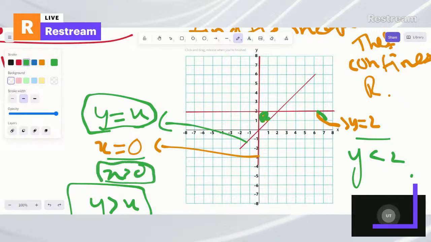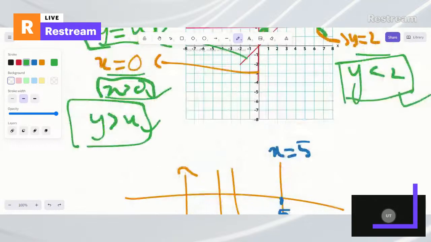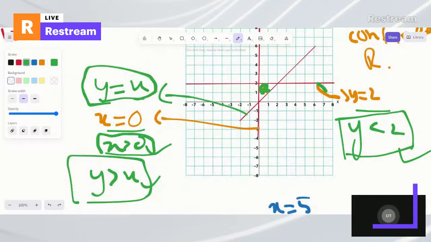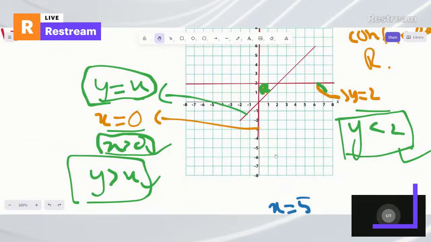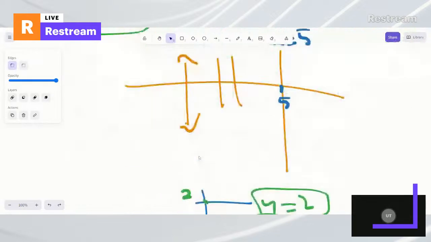So I hope the answer is that these three inequalities confine the region R. So 1, 2, and 3, right? I hope you understand this question by now. Now let's do a couple more.